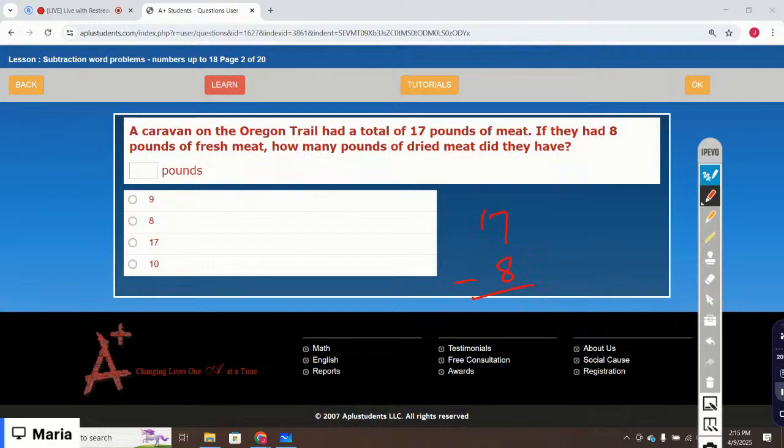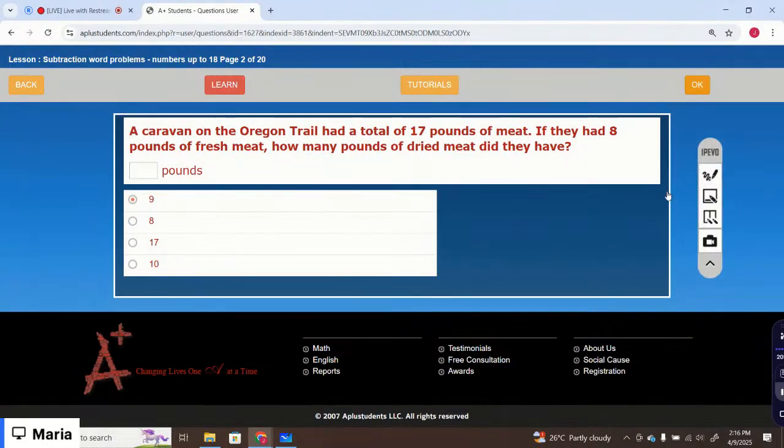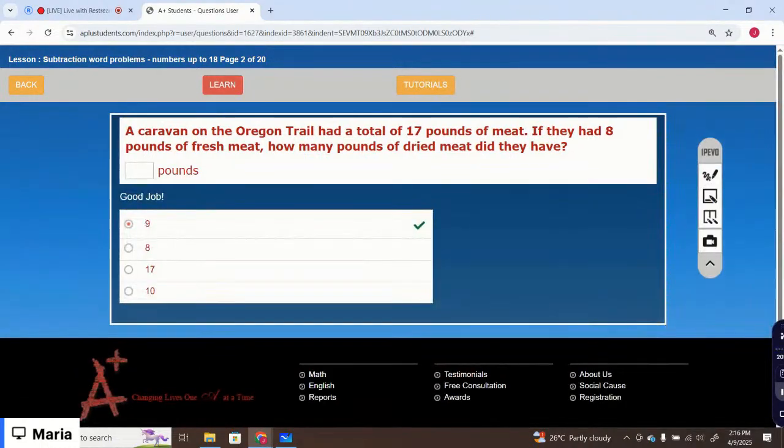So which is the correct option? 17 take away 8 is 9. Option number 1 is the correct option.